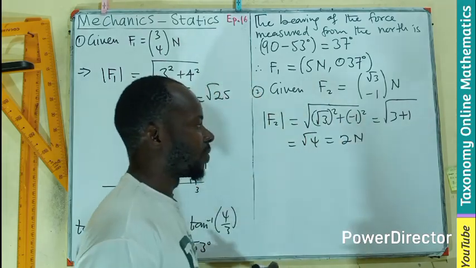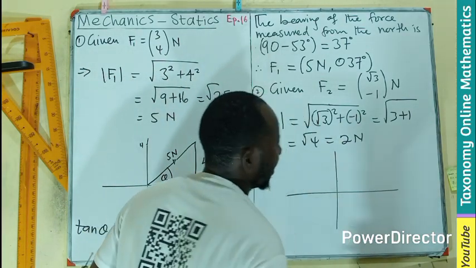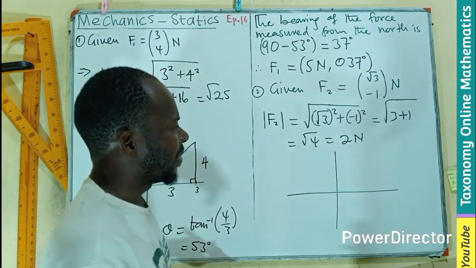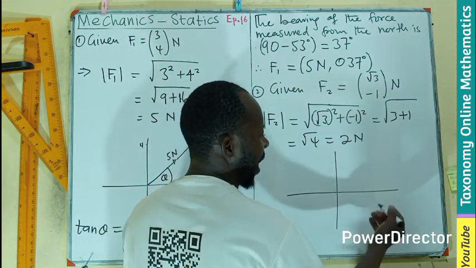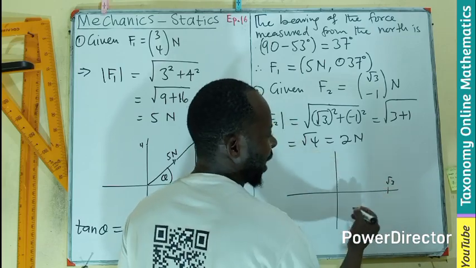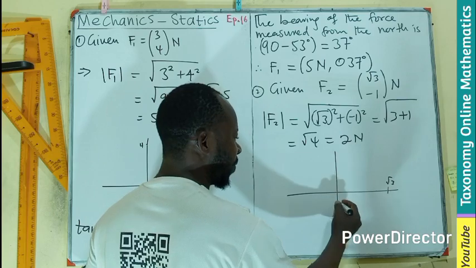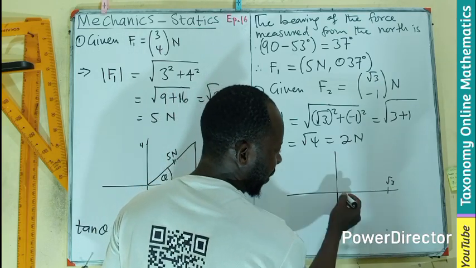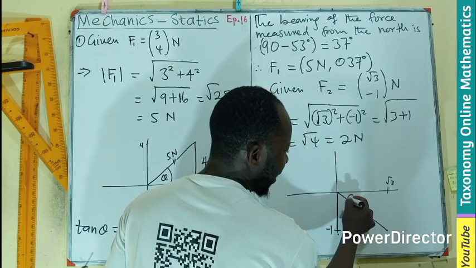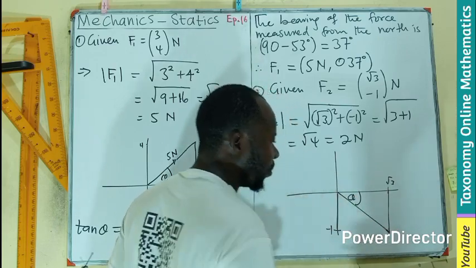2 Newton. Now, fast forward, let's check the direction. The value for x is positive, so I should be having my root of 3 here as the positive x value. The value for y is what? Negative, so I am going down here as -1. So at their intersection, the force is here, the angle it makes with the x-axis, bring it down there.